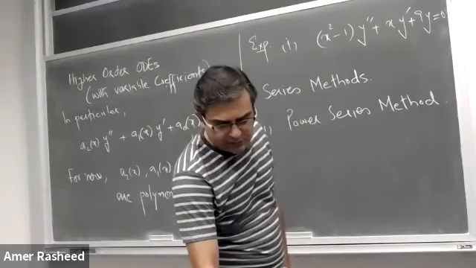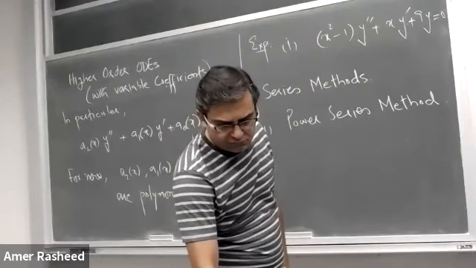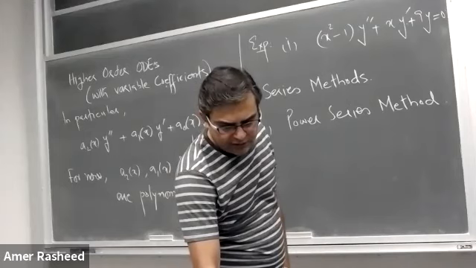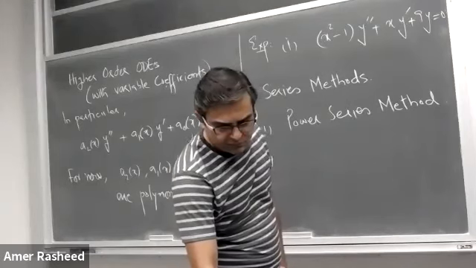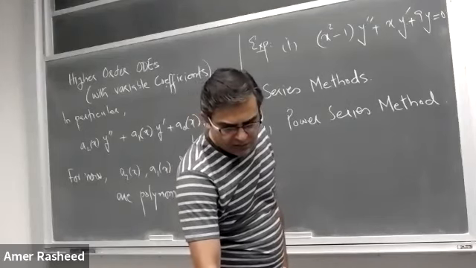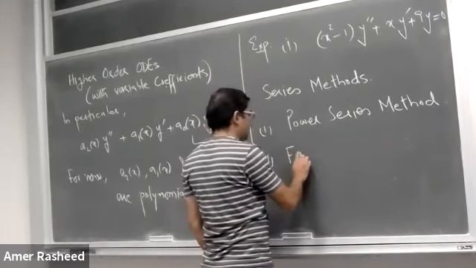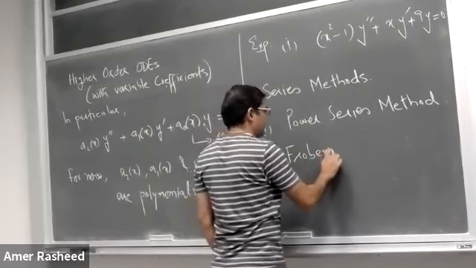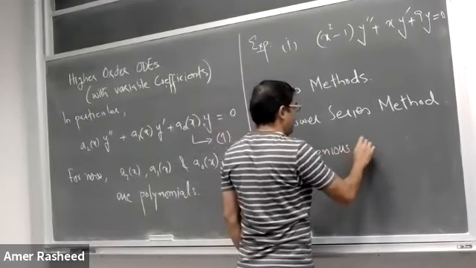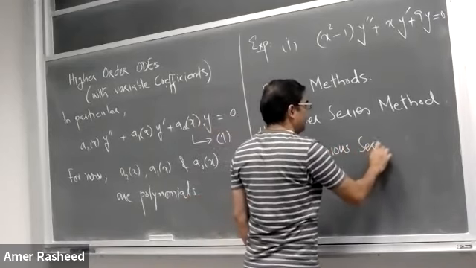The second is the Frobenius method or series method, you can say.